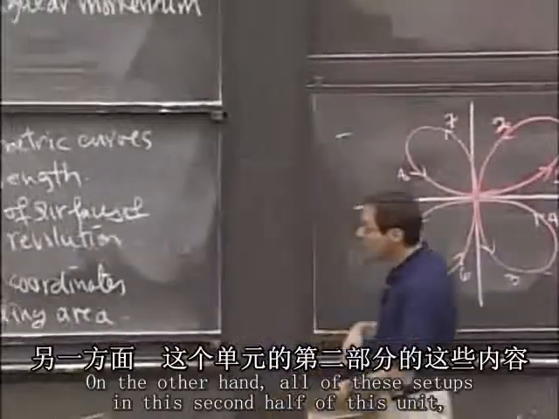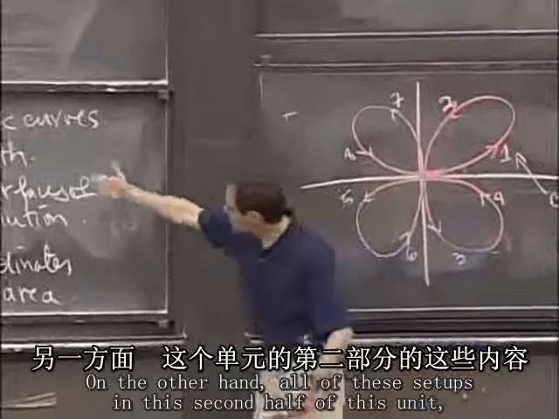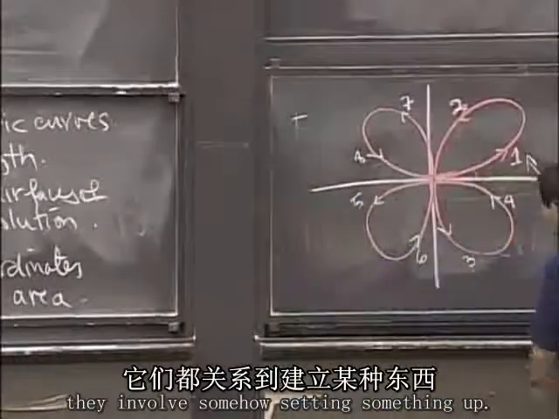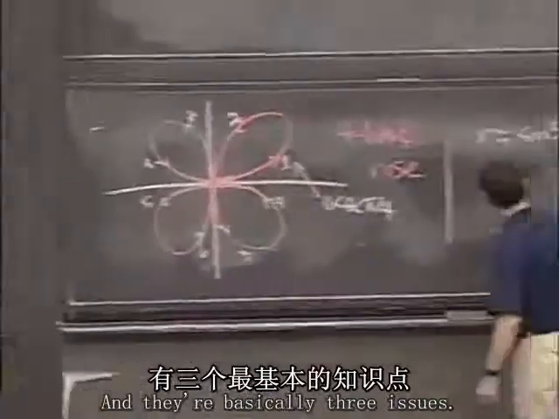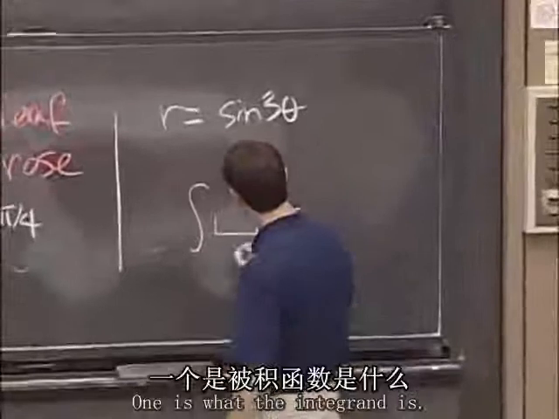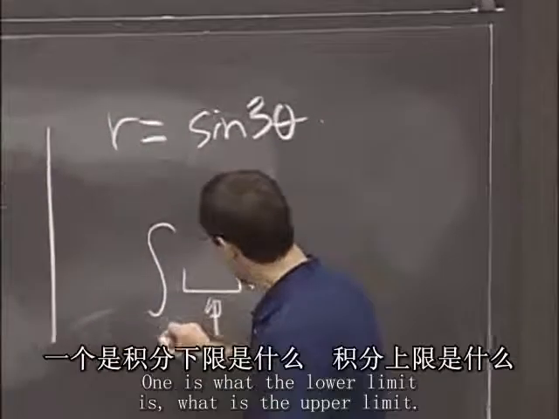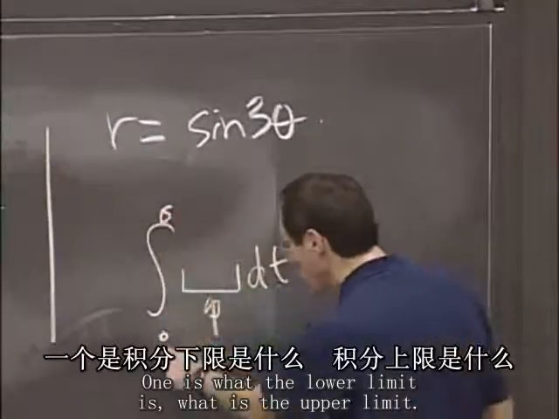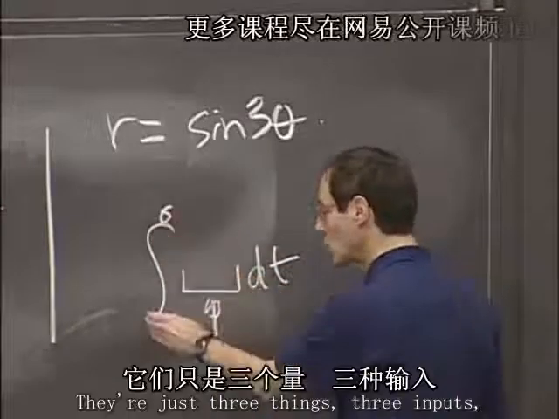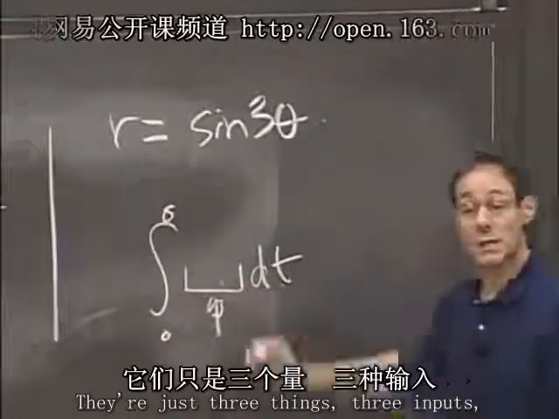On the other hand, all of the setups in this second half of the unit involve setting something up, and there are basically three issues. One is what the integrand is, one is what the lower limit is, and one is what the upper limit is. They're just three inputs to setting up an integral.